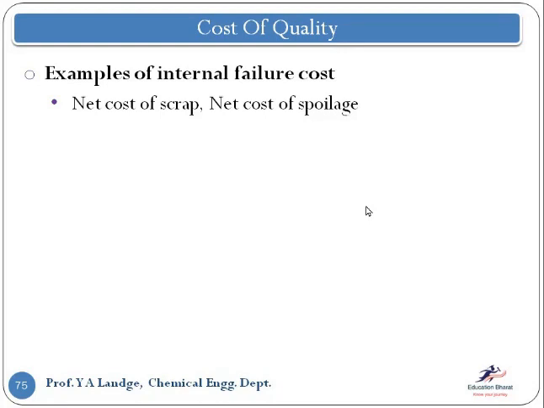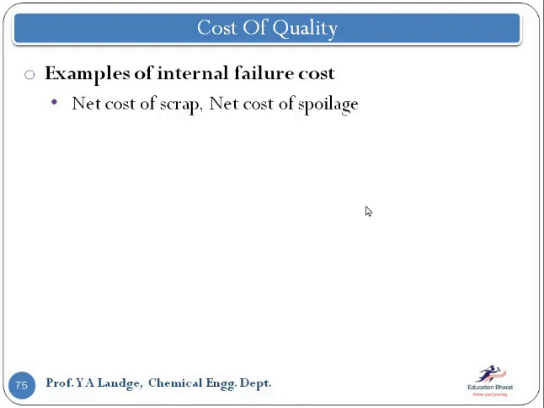The machinery we are using, the energy, the depreciation, all of this comes under internal failure cost. Many times we need to add these costs to the quality cost, so that we get the net profit from the selling of the product, for the organization, the industry, or the product.